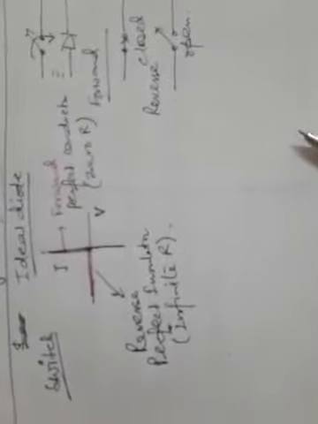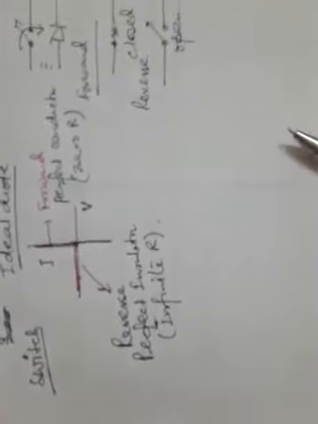In the forward direction it will look like a closed switch, and in the reverse direction it will act like an open switch. So this is the way of working of ideal diode. This consideration is called ideal diode consideration for computation and analysis of diode related problems.